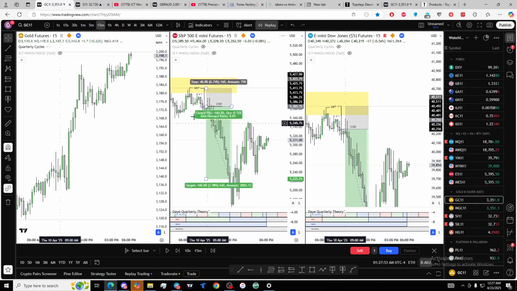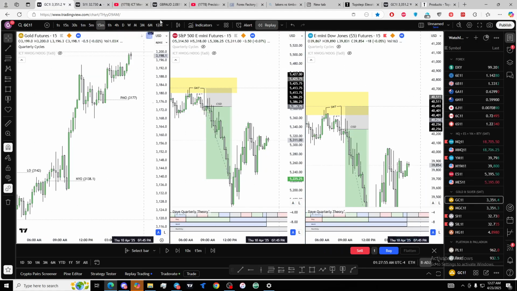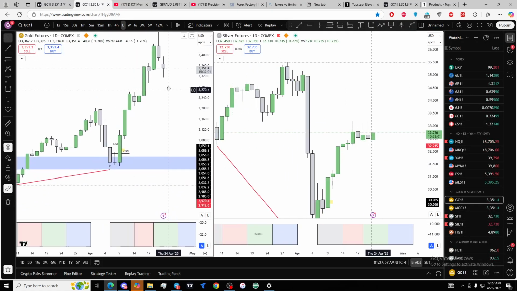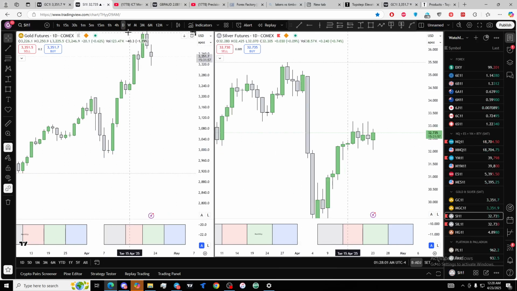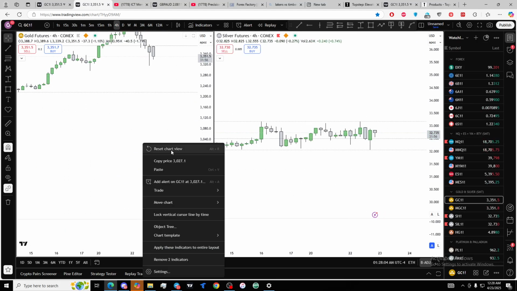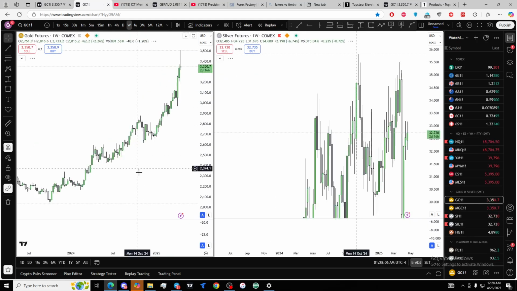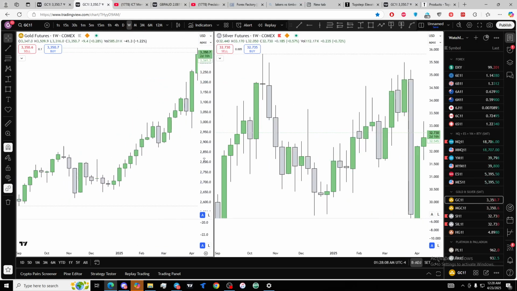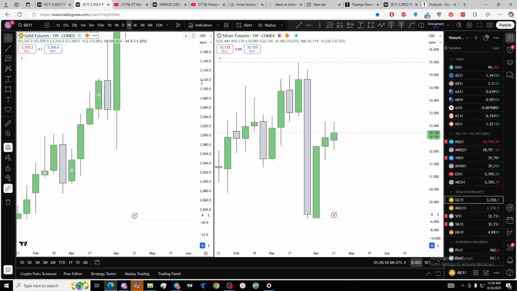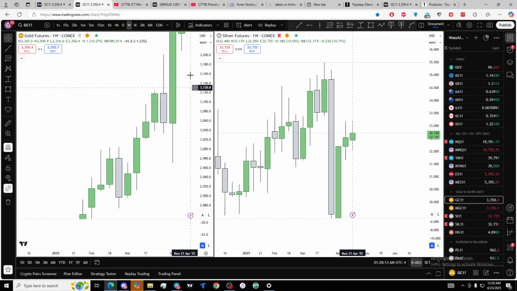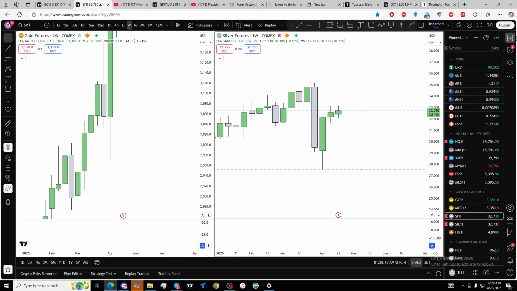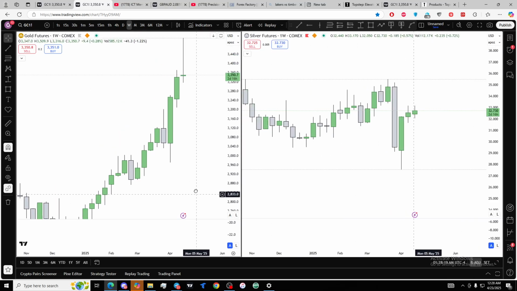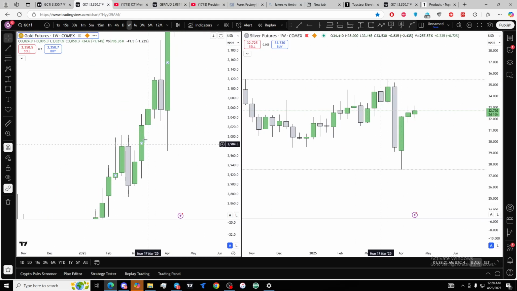Let's go back to that gold trade. If you go to the weekly, I'll call this out before it happened 2 weeks ago, I believe. Over here, it had a weekly fair value gap.